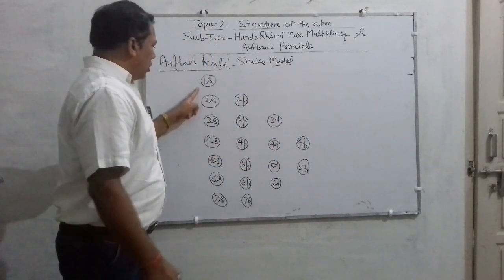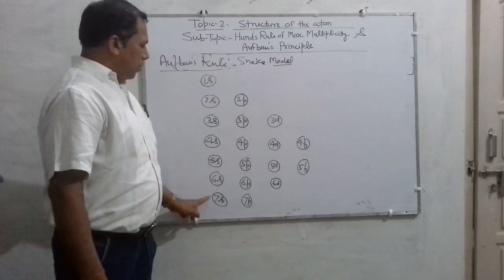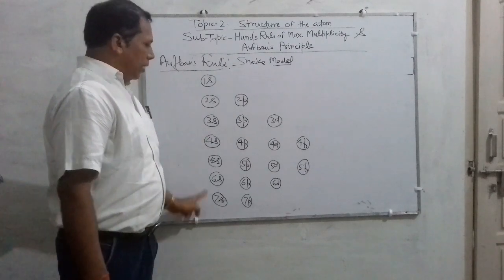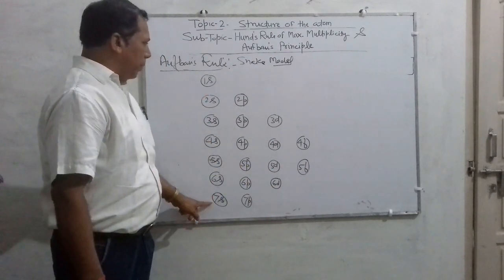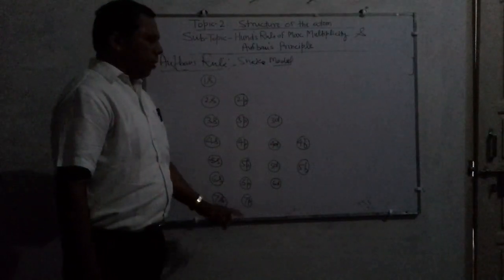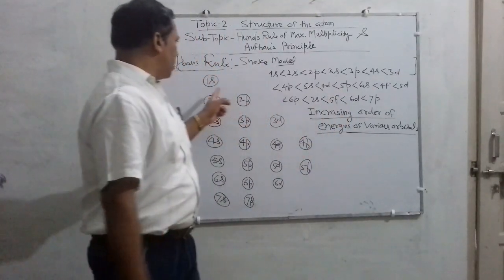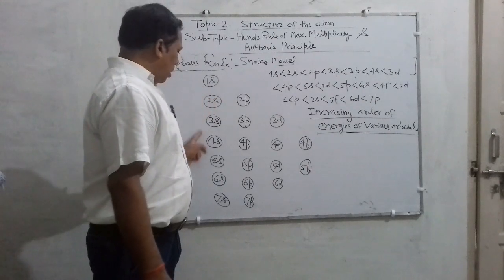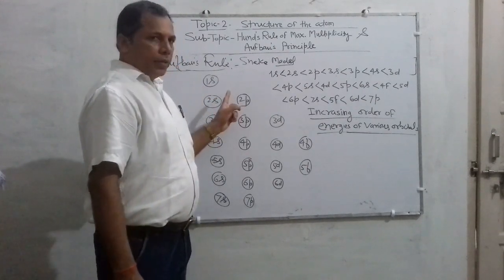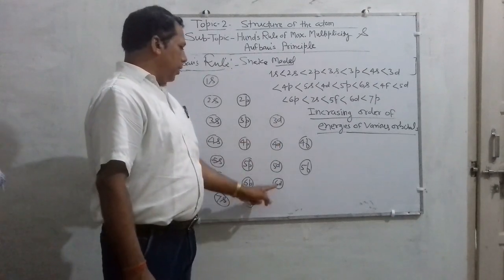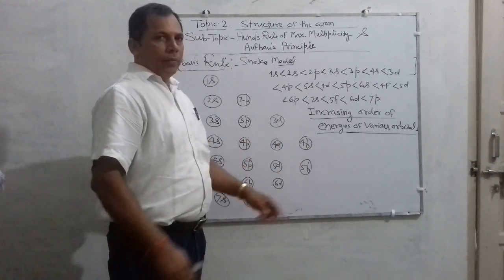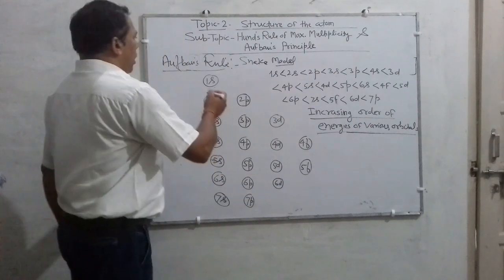So these subshells can be represented in such a way: 1s to 7s, 2p to 7p, 3d to 6d and 4f to 5f.